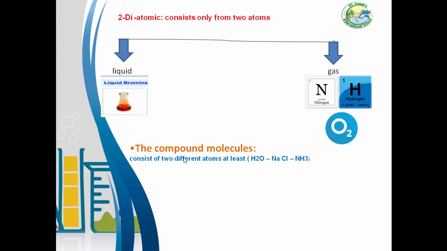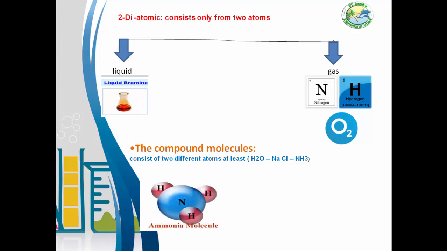For example, we have ammonia. Ammonia consists of different atoms, which are hydrogen and nitrogen. Ammonia consists of one nitrogen atom and three hydrogen atoms. If you see, the element oxygen consists of similar atoms, while compounds consist of different atoms, nitrogen and three hydrogen in ammonia.